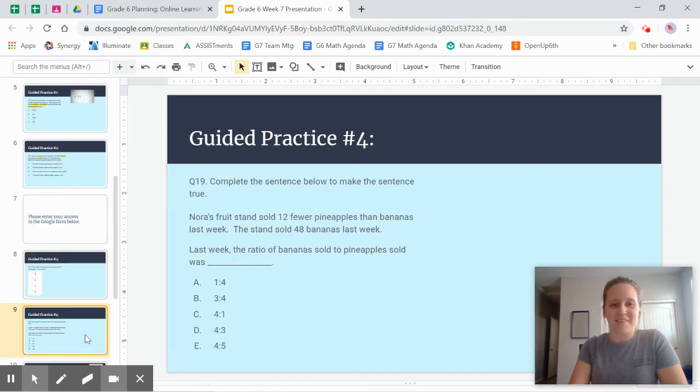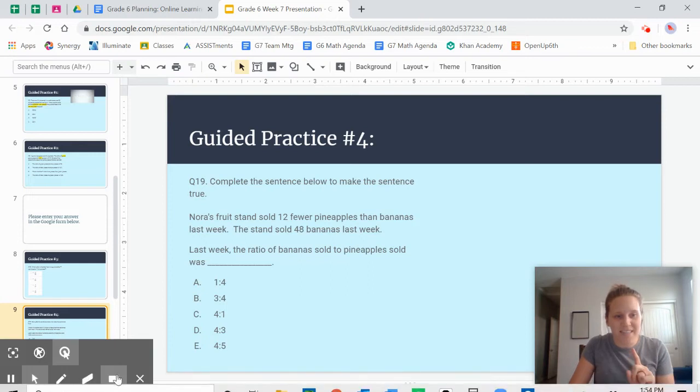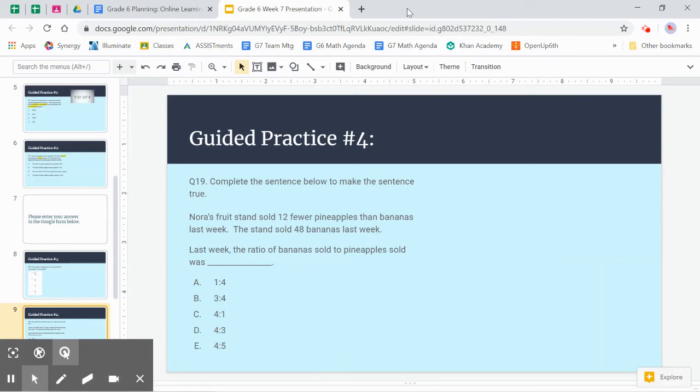Awesome, great work. Question 4. Complete the sentence below to make the sentence true. I love this question. Read really carefully. Nora's fruit stand sold 12 fewer pineapples than bananas last week. The stand sold 48 bananas last week. Last week, the ratio of bananas sold to pineapples sold was blank. Take 1 minute on your own.